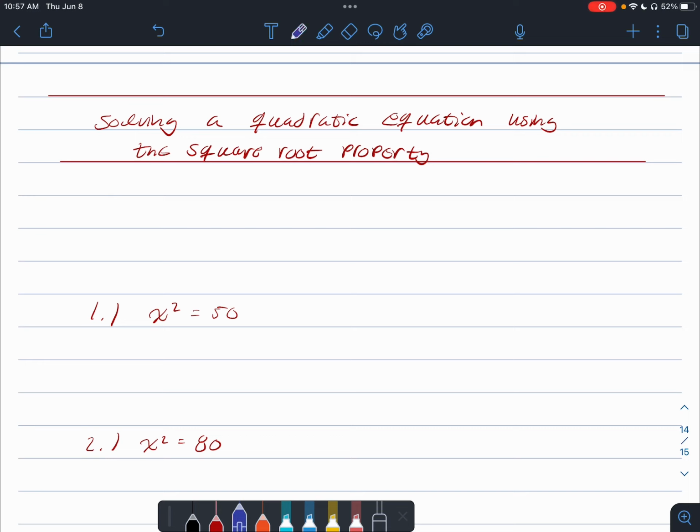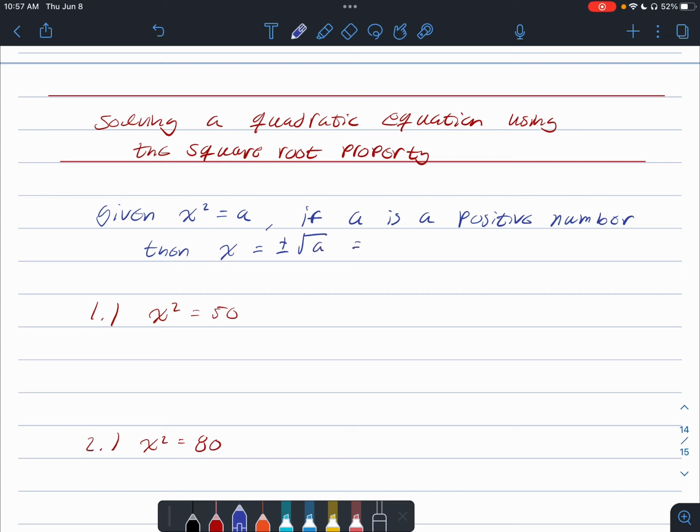So here, sometimes with these pretty simple quadratic equations, if we're given one of the form x squared equals a, if a is a positive number, and this only works if a is a positive number, then x is equal to plus or minus the square root of a.